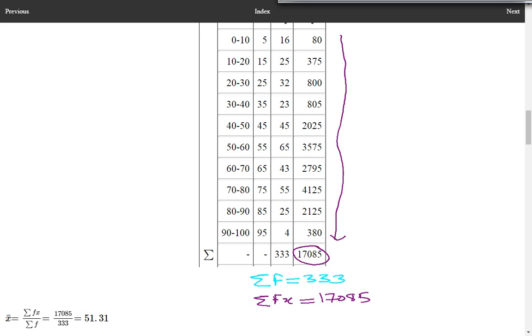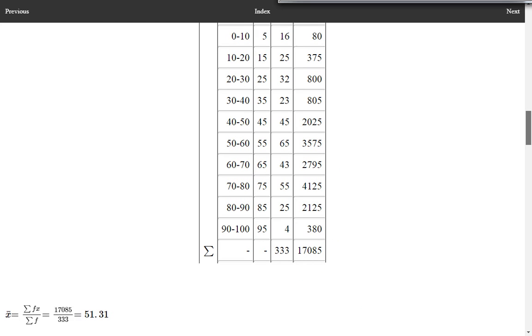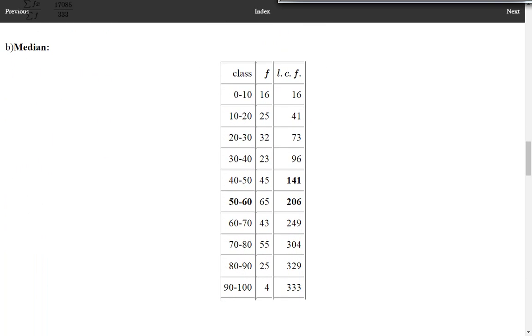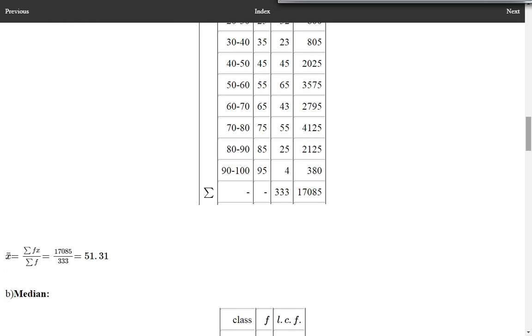Now mean is given by x bar is equal to summation fx upon summation f. So x bar is equal to summation fx upon summation f, which equals 17,085 divided by 333, and that equals 51.31.